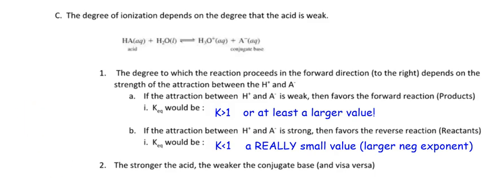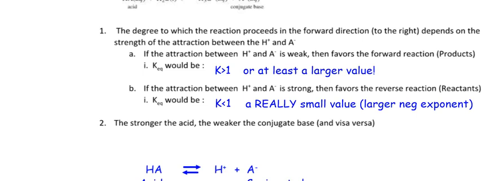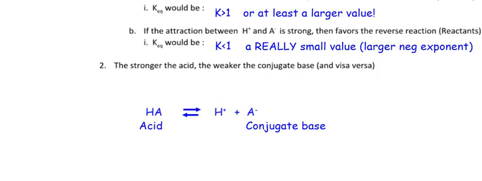Something else you need to think about is that the stronger the acid, the weaker the conjugate base. Remember, we talked about conjugate base earlier in this chapter. That's the Arrhenius definition. Here we have the H plus and the conjugate base. The HA loses the H plus, and this is your conjugate base.